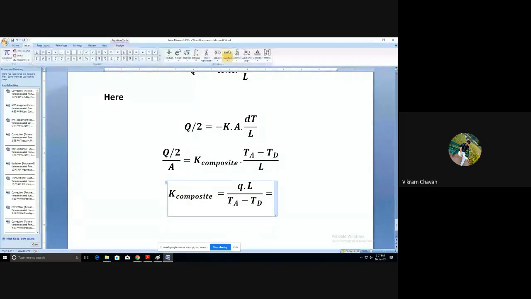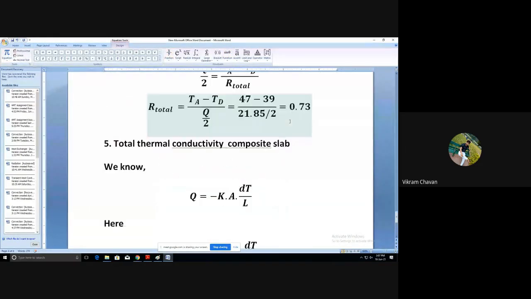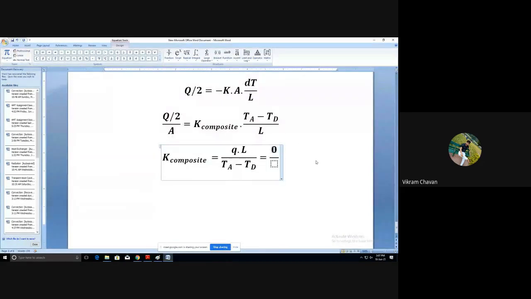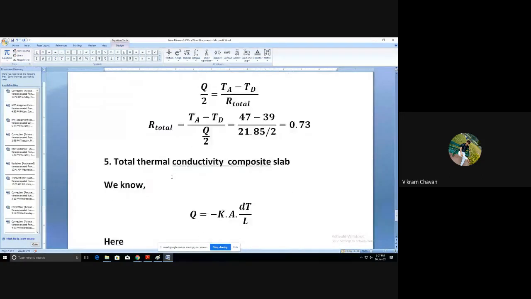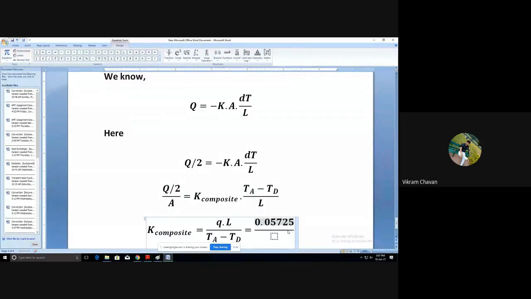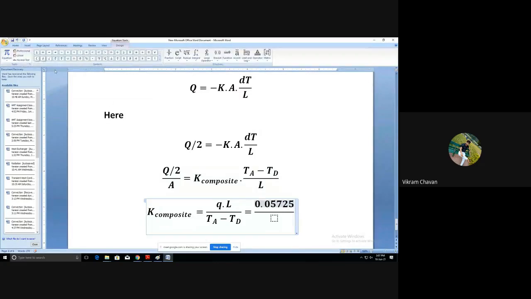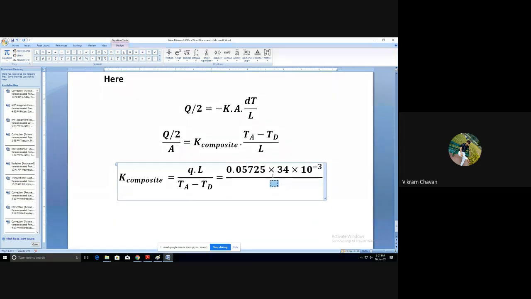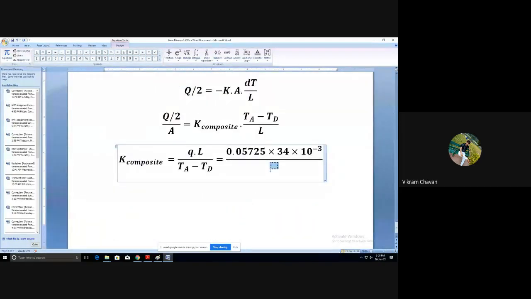If you put in all the values, q calculated is 0.05725, multiplied by L, 34 mm, that is 34 multiplied by 10 to the power minus 3, divided by Ta minus Td, 47 minus 39. Calculate K composite.